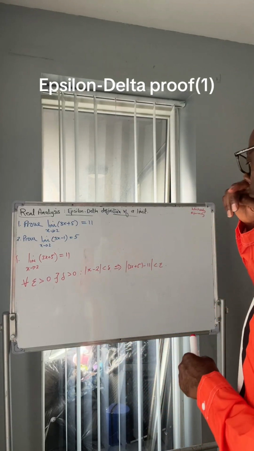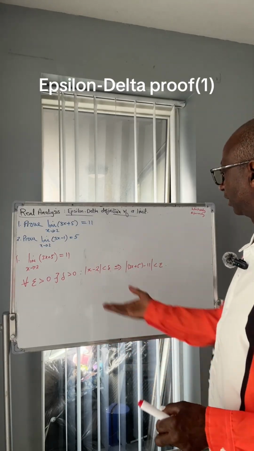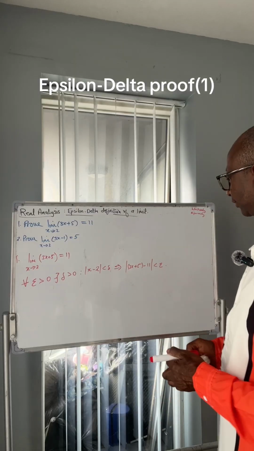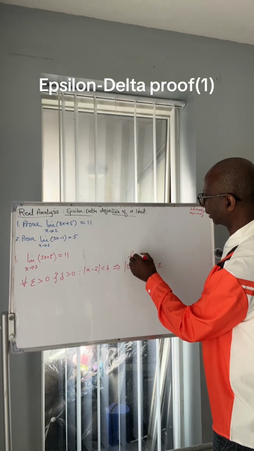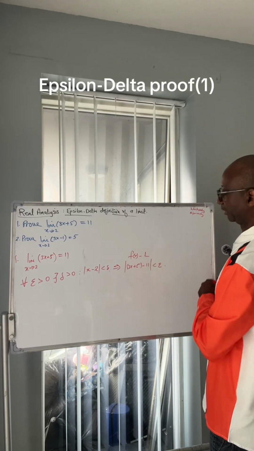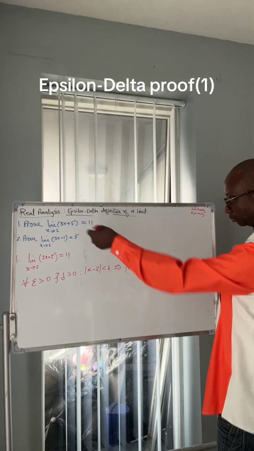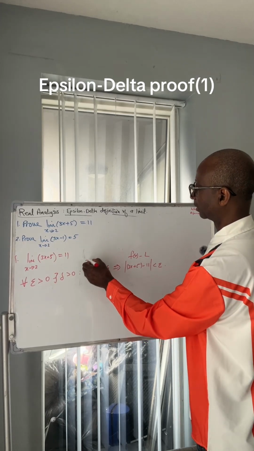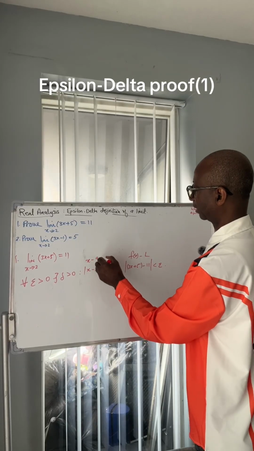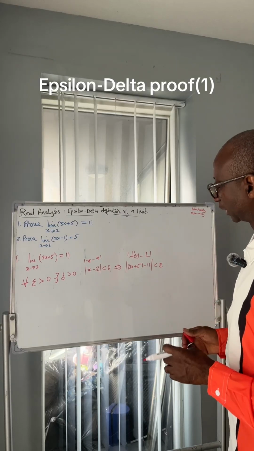This is the condition you have. What we just explained previously, this is it. In other words, this is your f of x minus your L inside here. This is your limit, this is your function, and this is your x minus a. You know this already. Just for you to understand what we are doing.